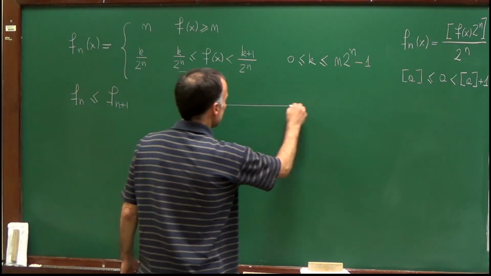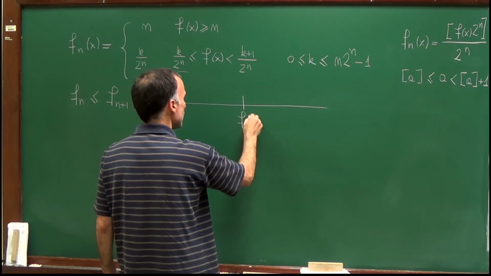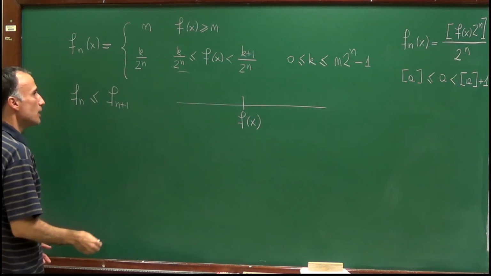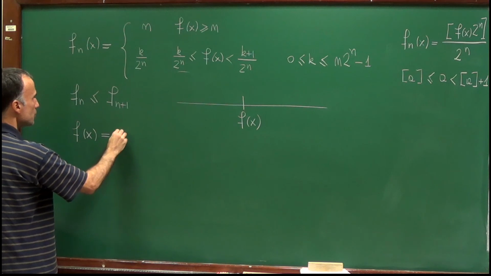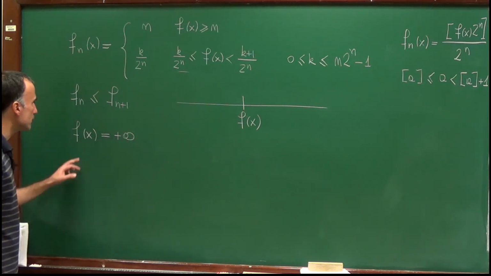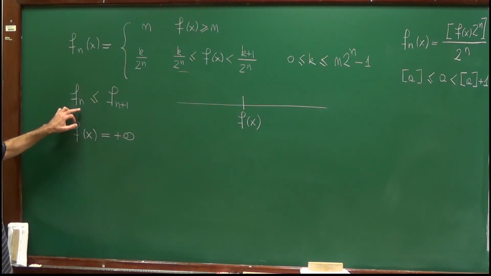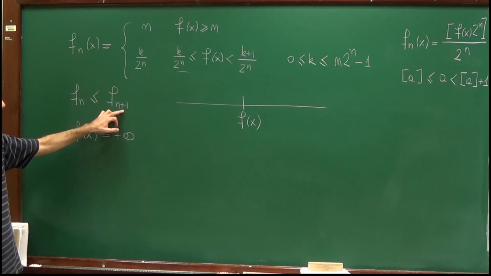Okay. So let's first discard the case in which f(x) is equal to plus infinity. If f(x) is equal to plus infinity, fn is equal to n, fn plus 1 is equal to n plus 1, and this inequality holds.